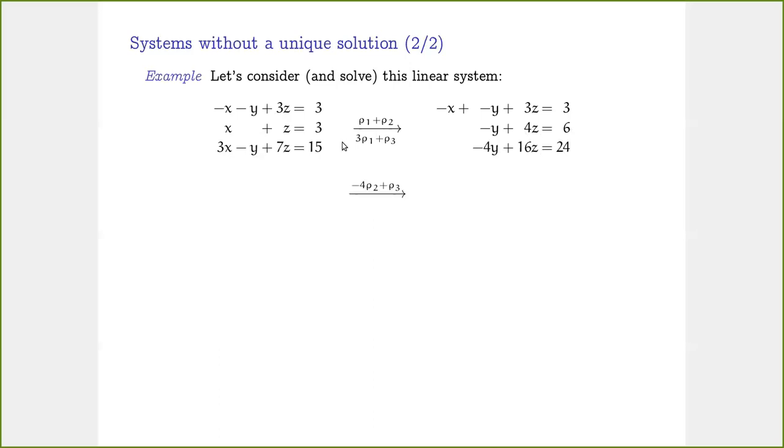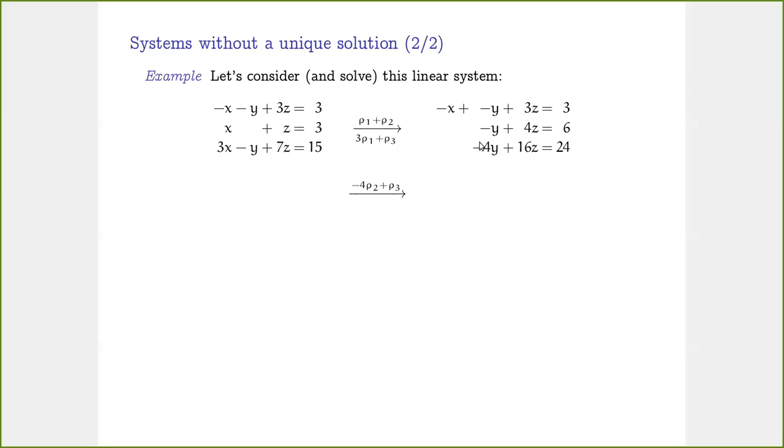You can see that adding 3 times minus 3x plus x does that. We have minus 3 plus 3 is 4y, and then 9 plus 7 is 16, and 3 times 3 is 9, 9 plus 15 is 24. And so this isn't an echelon form yet.